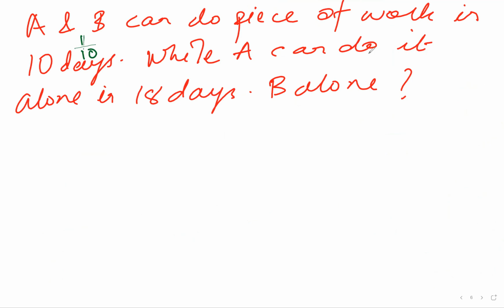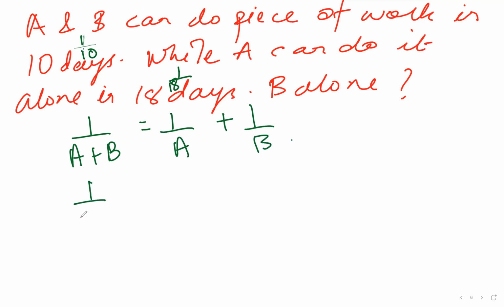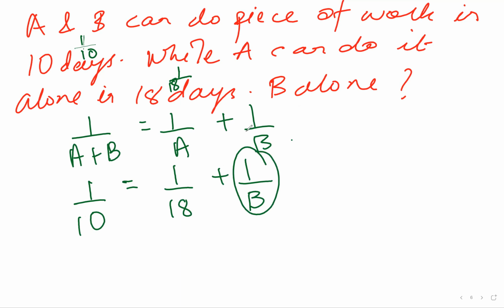A can do the work in one day, how much work? 1 over 18. So this is my formula: 1 over A plus B will be 1 over 10. I want to find this, so I will take this on another side.